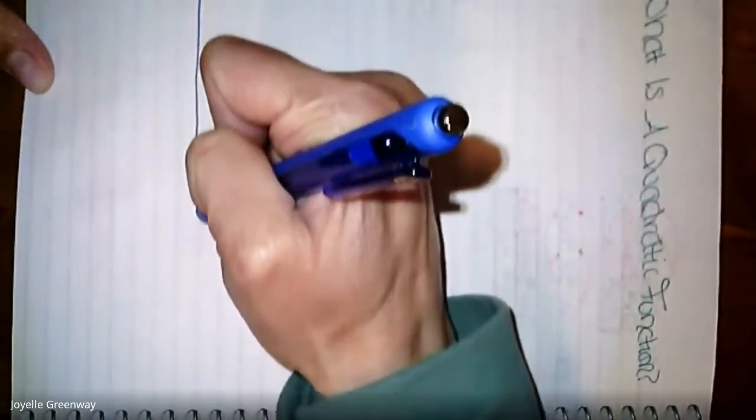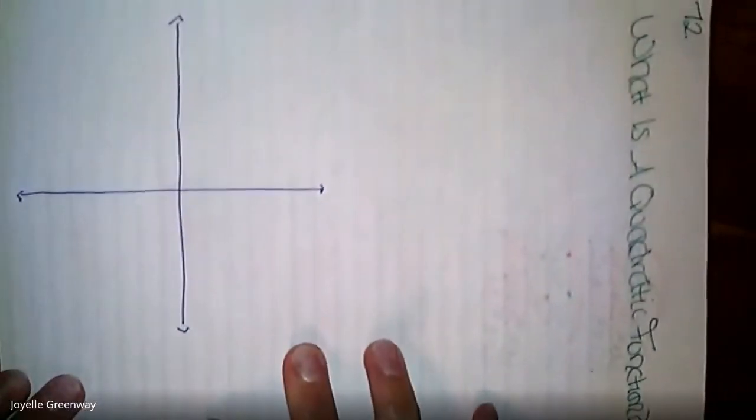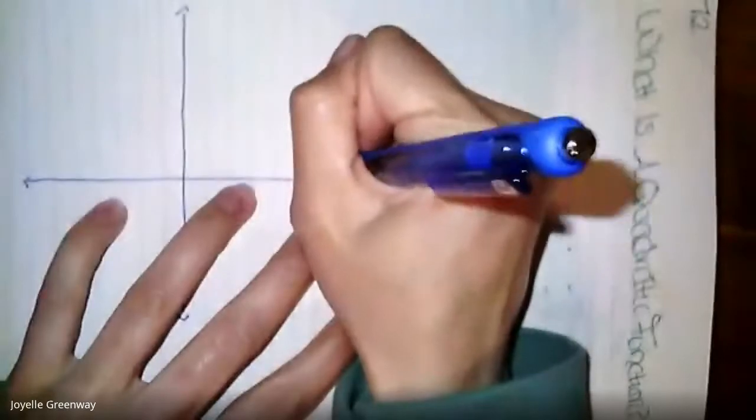So the first thing that I want you to please draw is a coordinate plane. So let's draw the coordinate plane. So there's your coordinate plane, your x, your y axis.